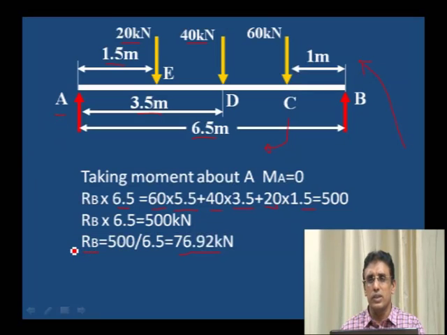We have to use the equilibrium condition, sigma V is equal to 0. Vertical forces, what are the vertical forces acting? 40 kilonewton, 60 kilonewton, 20 kilonewton. 60 plus 40 plus 20, 120. Downward forces 120 is acting. Upward force we already have RB is equal to 76.92.